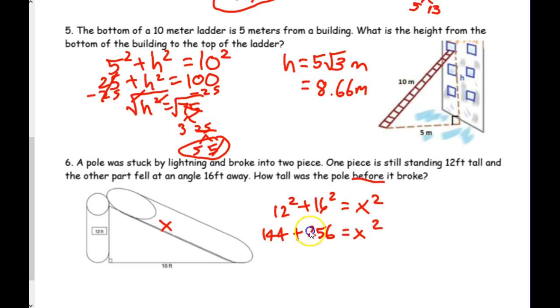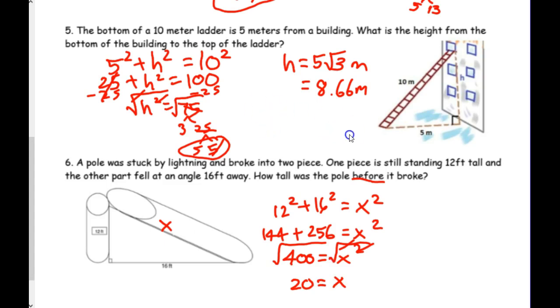So we're going to add these up. So we're going to get 400 equals x squared. And then, of course, we have to get rid of the square with the square root. Now, if you don't know the square root of 400, you can type it in the calculator. But the square root of 400 is 20. 20 times 20 is 400.